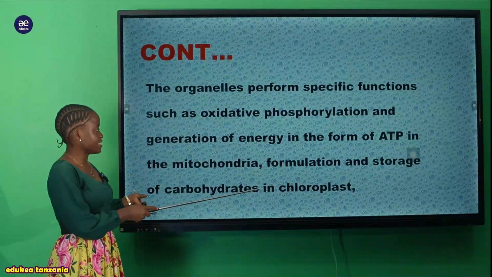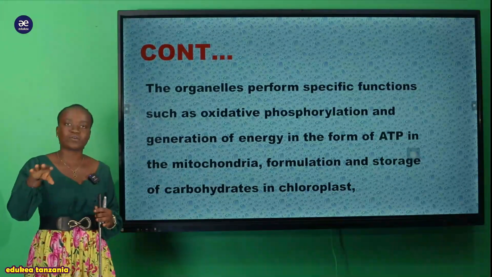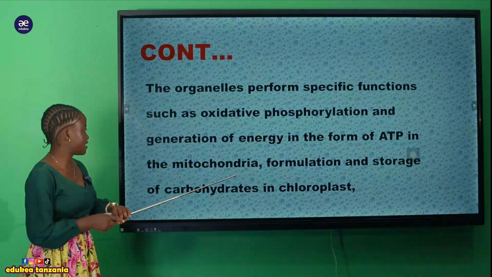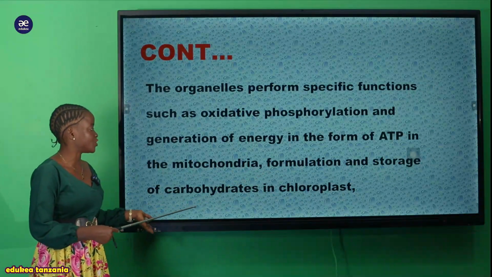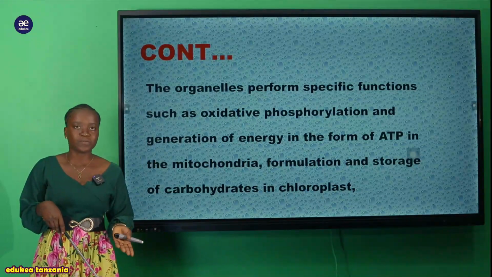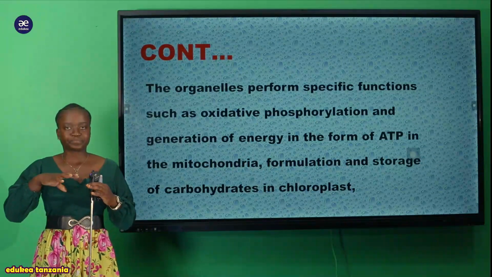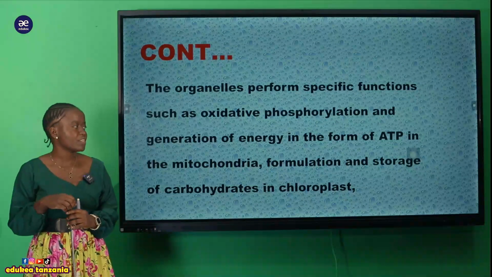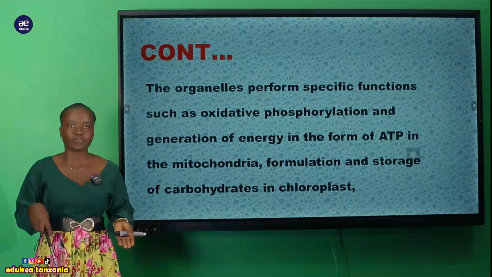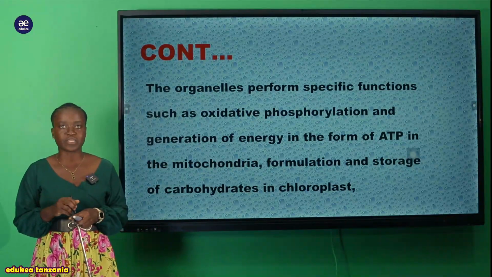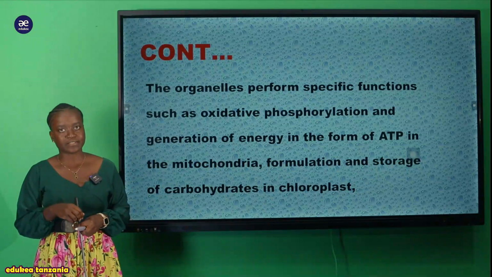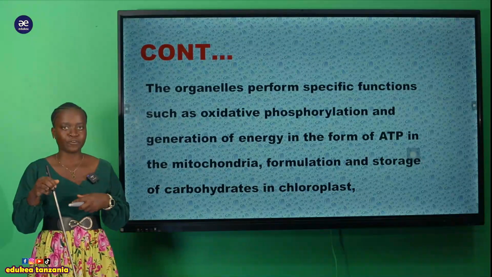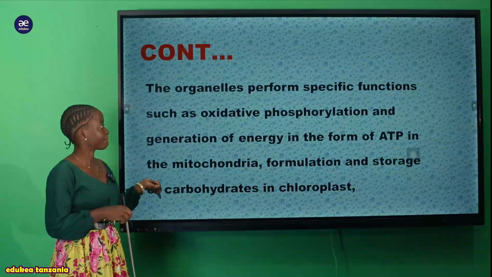But tukija kwenye chloroplast, inakuwa na chemical constituent tofauti na function tofauti. Chloroplast is for formulation and storage of carbohydrate mainly, or simply we can say it is used in making the food in a plant cell. That is the difference between different kinds of organelles found within the cell of a living organism.